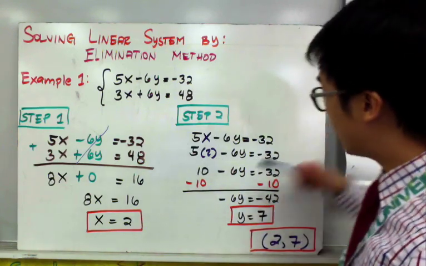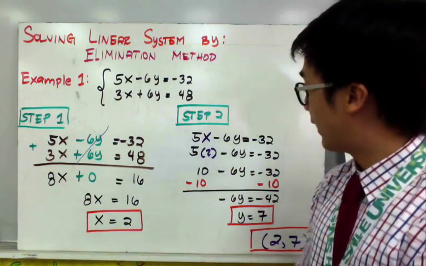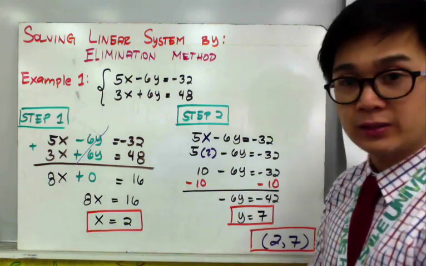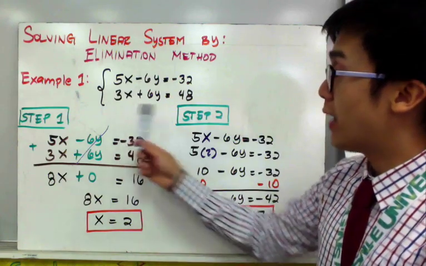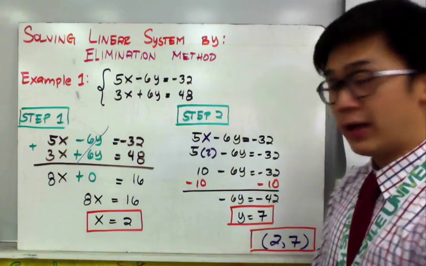We solve for y by getting rid of 10 and dividing both sides by negative 6. Therefore, y is equal to 7. So the solution of our linear system using the elimination method is (2, 7).